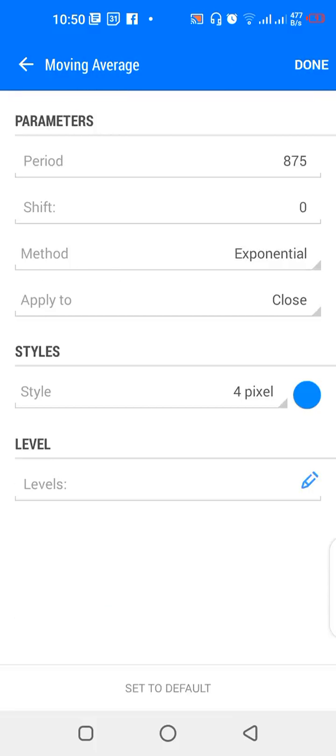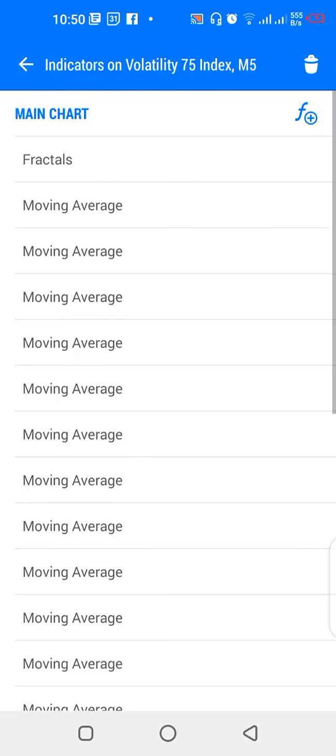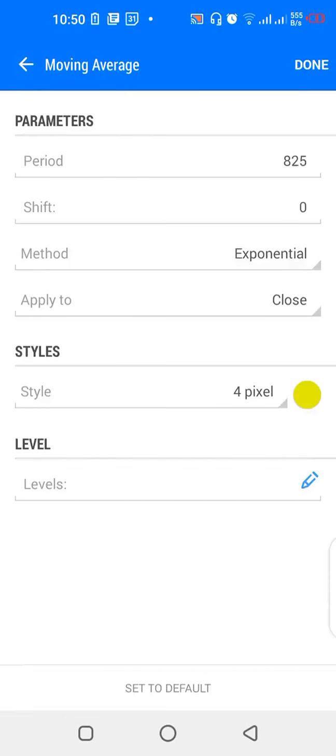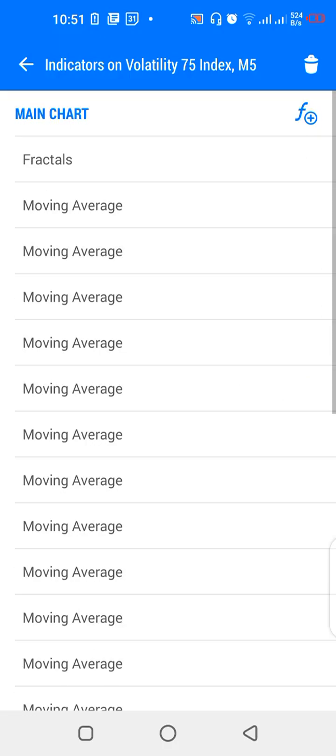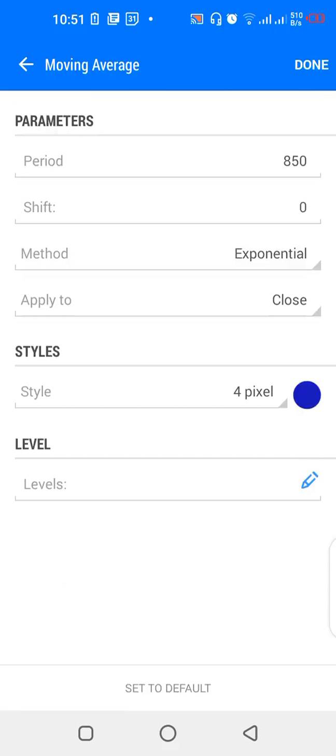So we have 875 to be blue, 825 to be yellow, and then we have 850, which is the top and is blue.